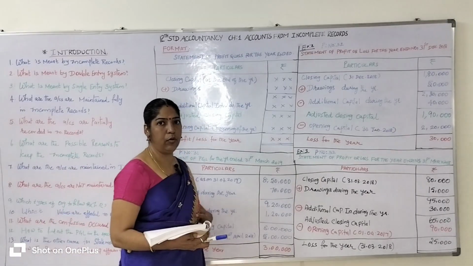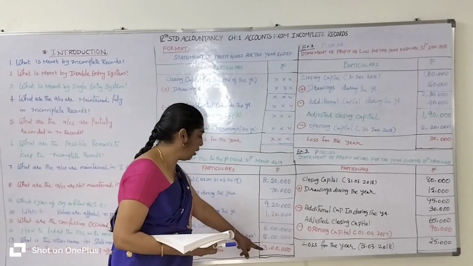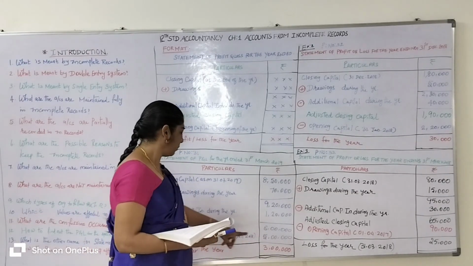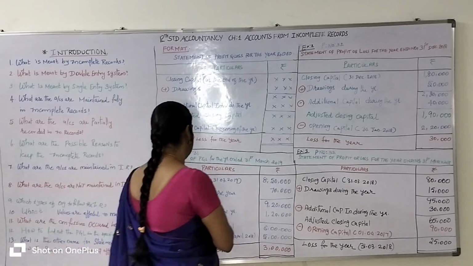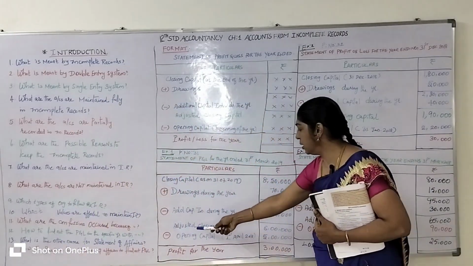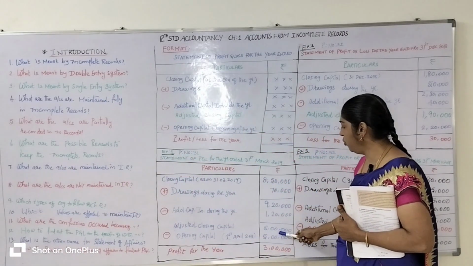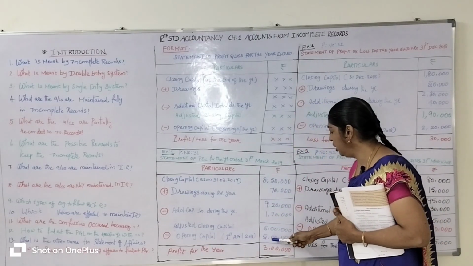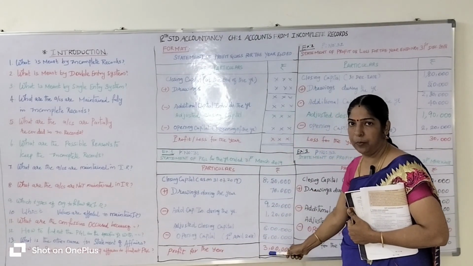How can you say this 3 lakh rupees is the profit? Listen, if the adjusted closing capital value is more than the opening capital value, it is denoted as profit.